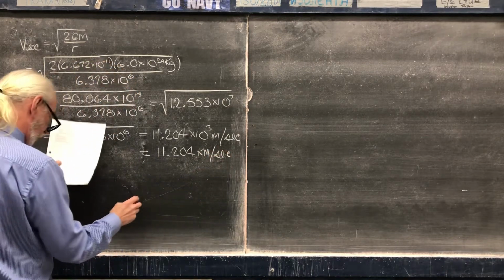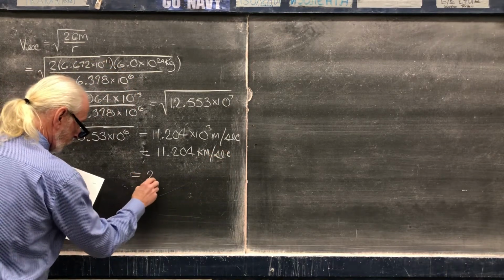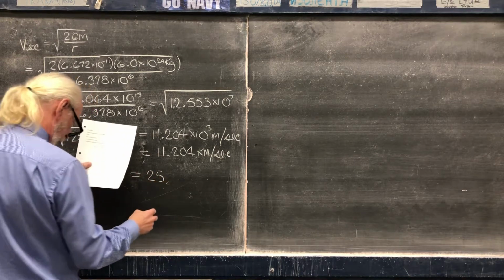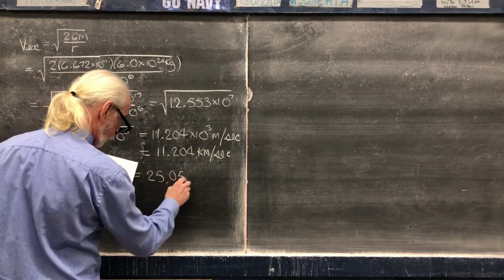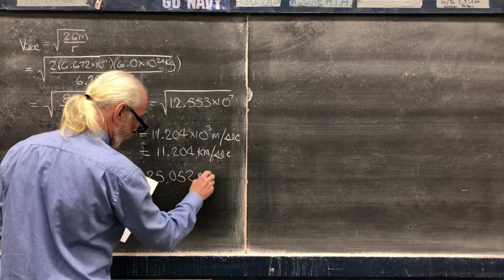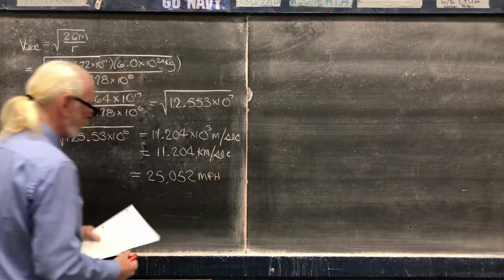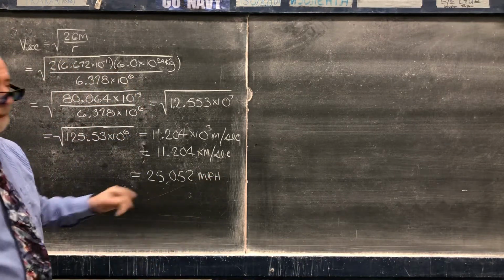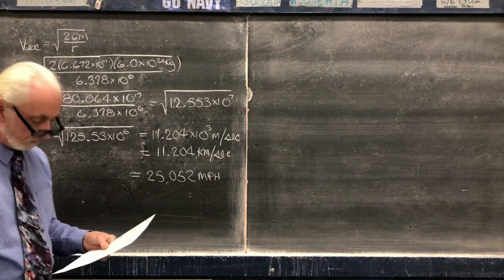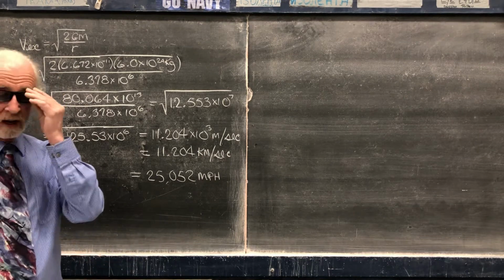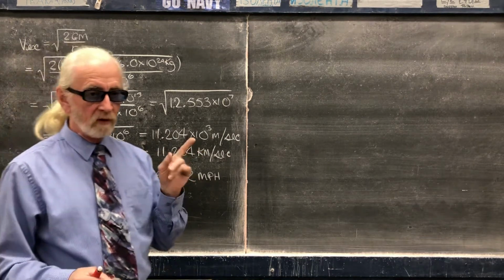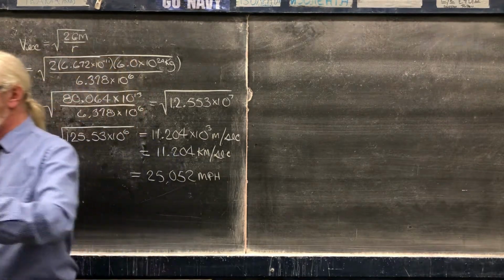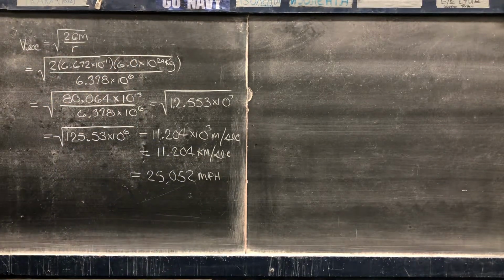And that equals 25,052 miles per hour. And yeah, that's escape velocity for planet Earth. All right, pretty straightforward stuff, nothing all that fancy. All right, moving on to the next page. We'll just continue rolling here.